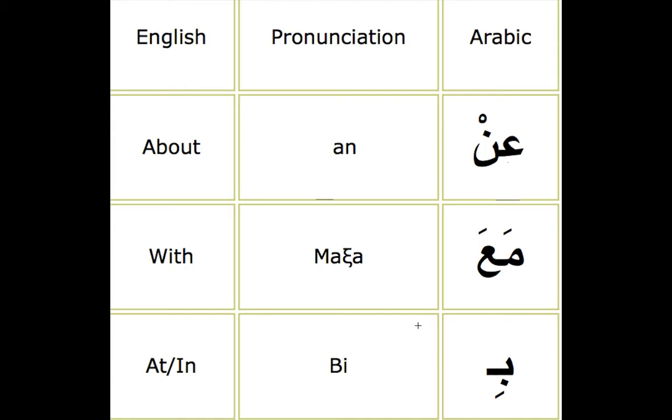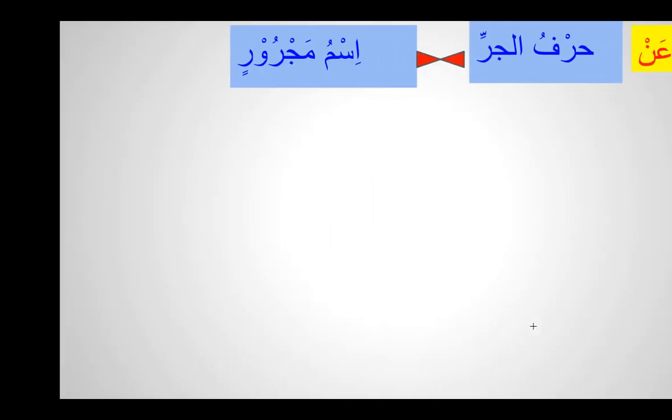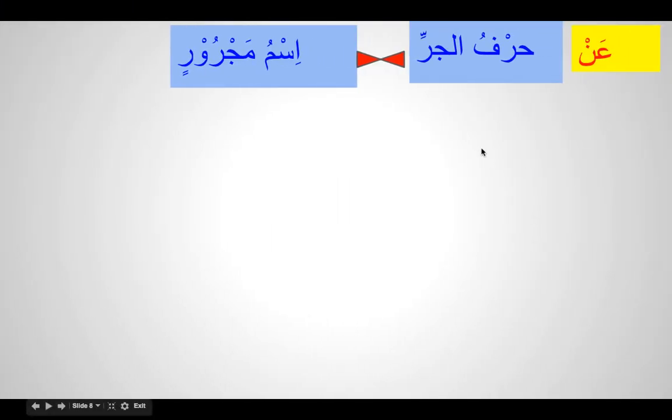So we're going to do some harf jar and attached pronouns. Today we'll be learning 3 more harf jar: an means about, ma'a means with, bi means in or at. So let's see how they become when the pronouns are attached.